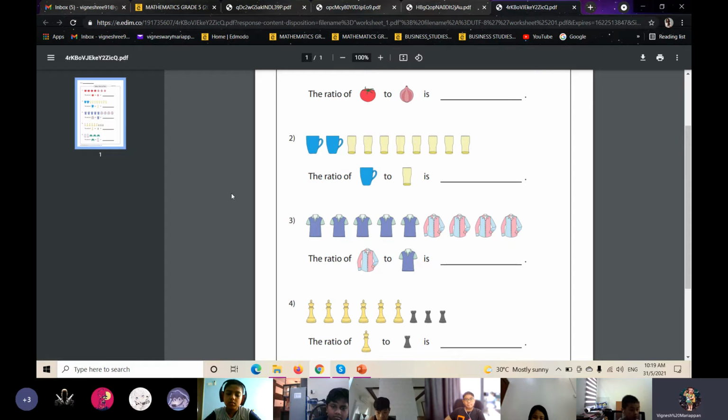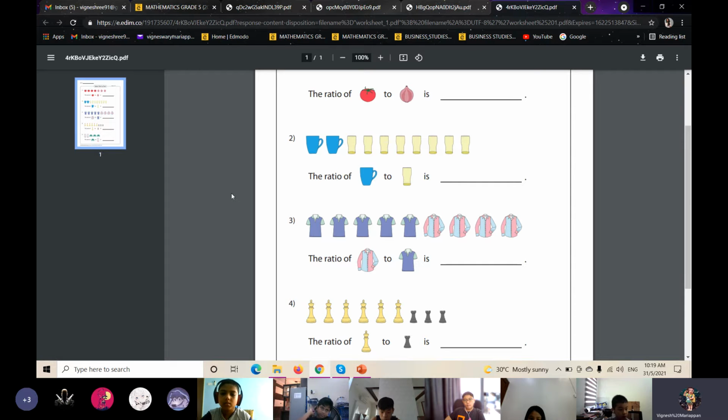What is the ratio of boys' shirts to girls' shirts? Check again. 4 to 5.